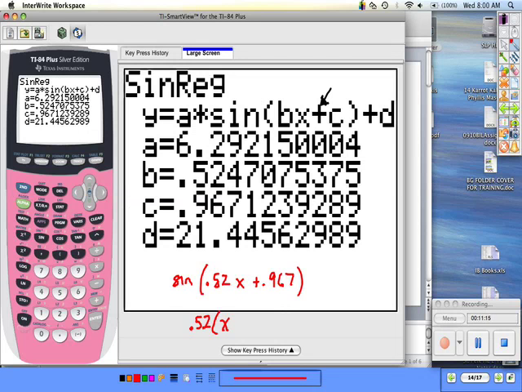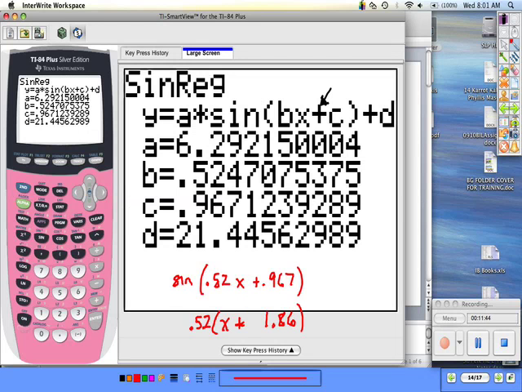So if I do that, I get 1.86 in here, and that's about 2, roughly.